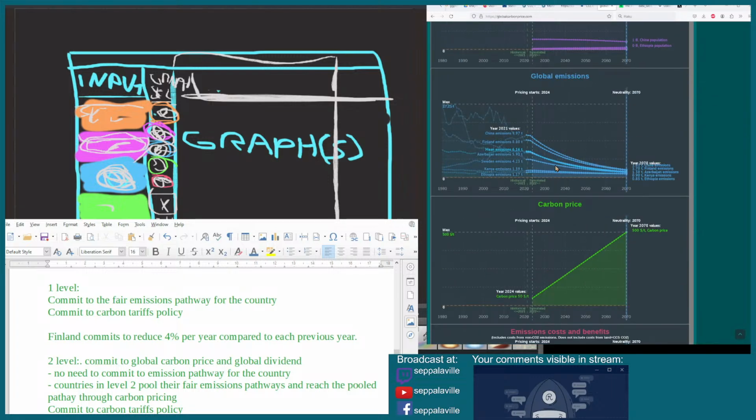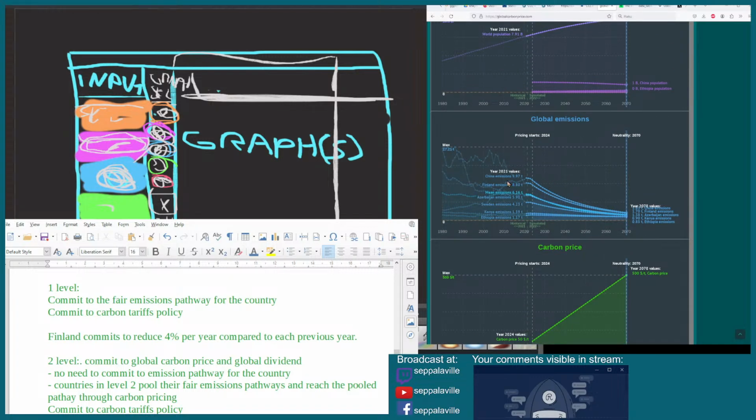So this is how it would look like, countries' paths. The thing is that everyone would see what other countries' paths defined by the system are.